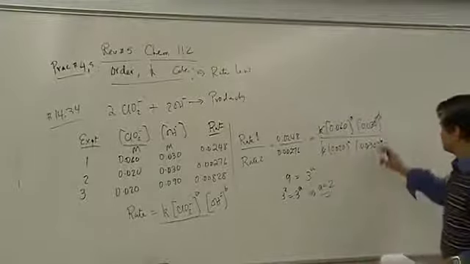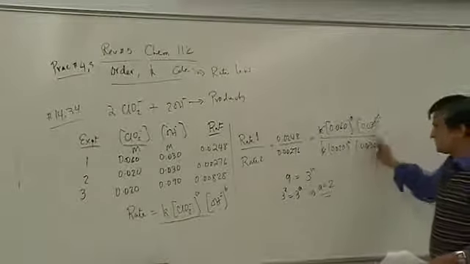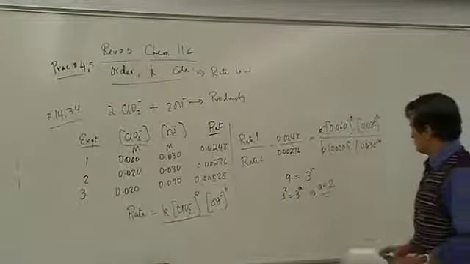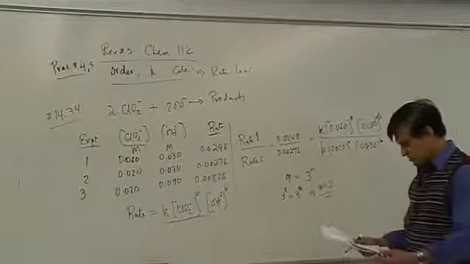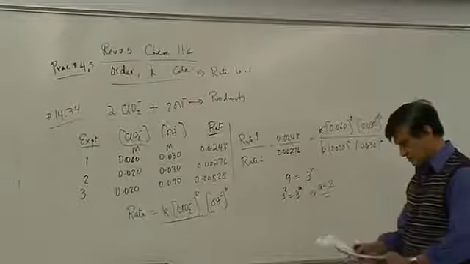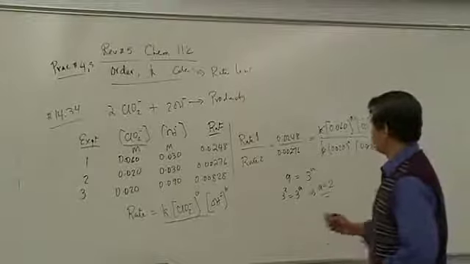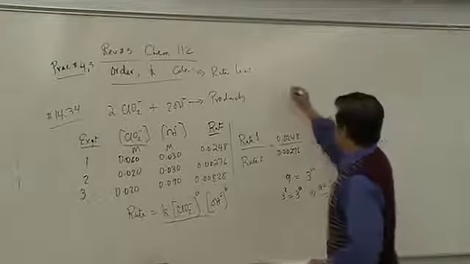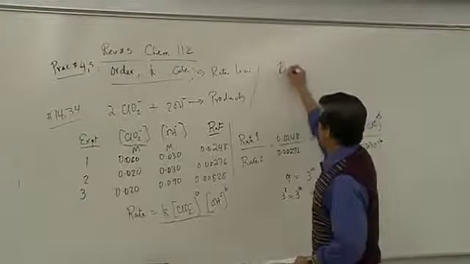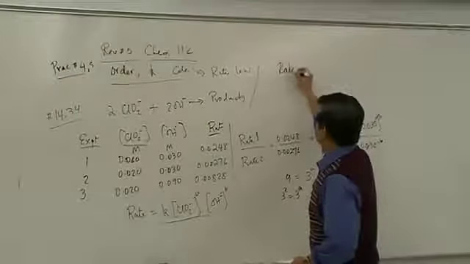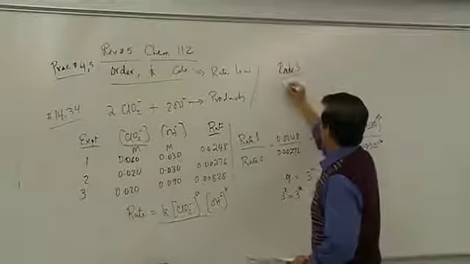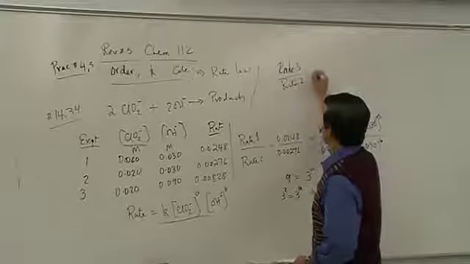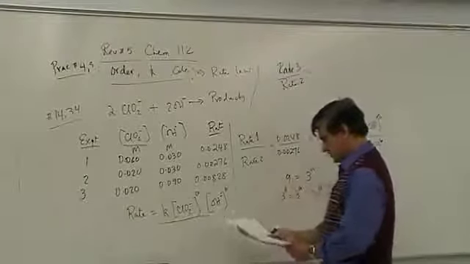So in the last case, B canceled out because we selected it that way. And in doing that, I'm just going to tell you what you're going to select here: rate 3 by rate 2. So let me write down here, rate 3 over rate 2.